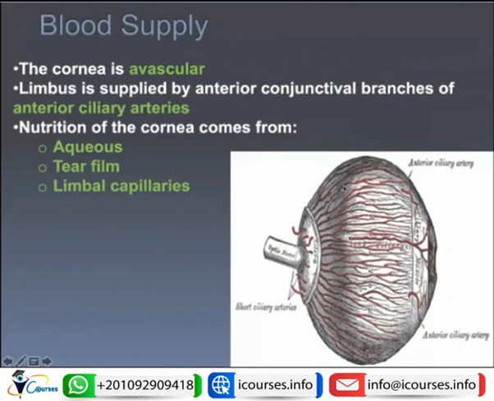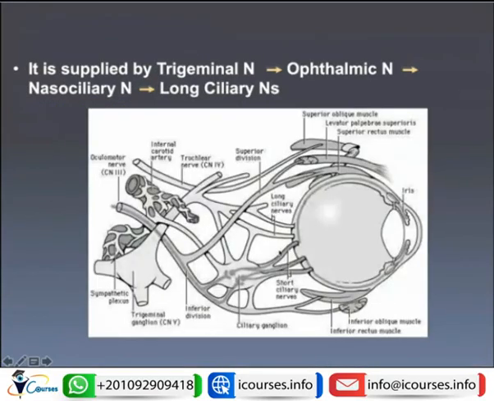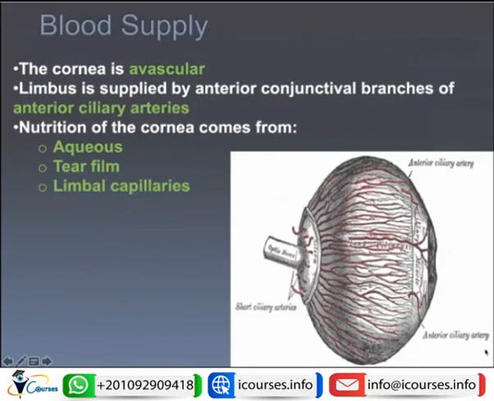Regarding the blood supply, the cornea itself is avascular. The cornea should be avascular to maintain its transparency. However, the limbus receives blood supply from the conjunctival branches of the anterior ciliary arteries. So here are the anterior ciliary arteries.